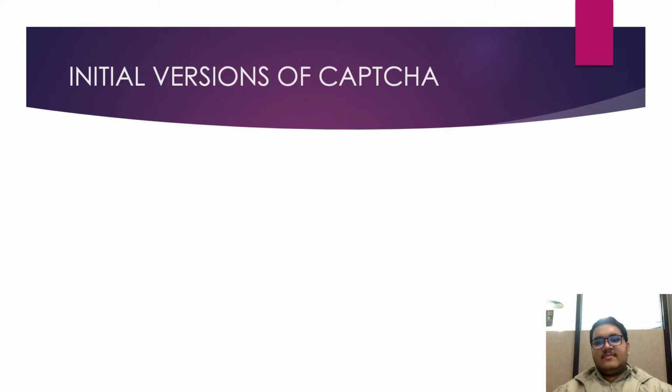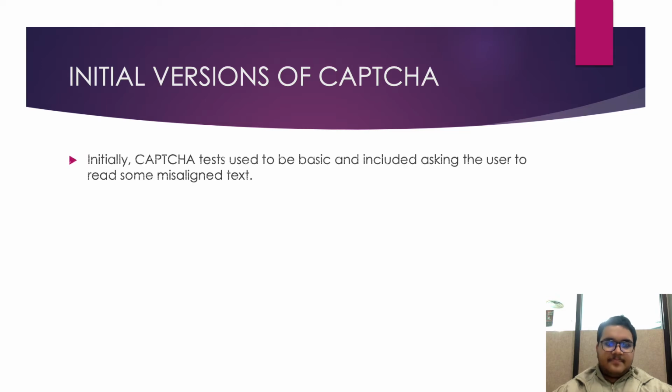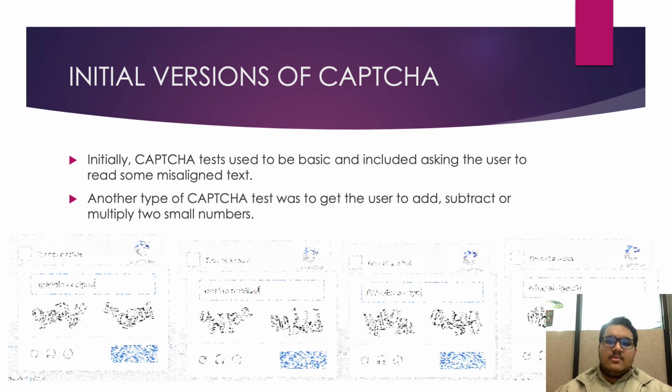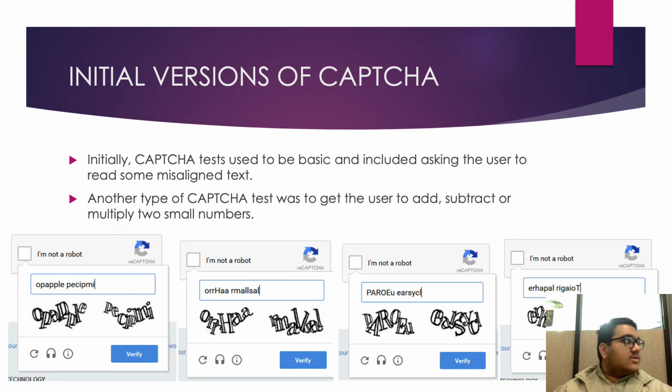Now let's look at some initial versions of CAPTCHA. Initially, CAPTCHA tests used to be very basic and ask the user to read out and type some misaligned or disfigured text. Another type of CAPTCHA asked the user to add or subtract two small numbers. These are some examples of text-based CAPTCHA.